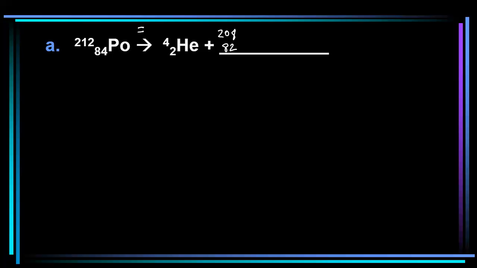Now, does 82 tell us what it is? 82 is the atomic number, the number of protons, and that is the same for every different element. So it is lead. So the bottom number, my friends, is always going to tell you what it is, not the top number.